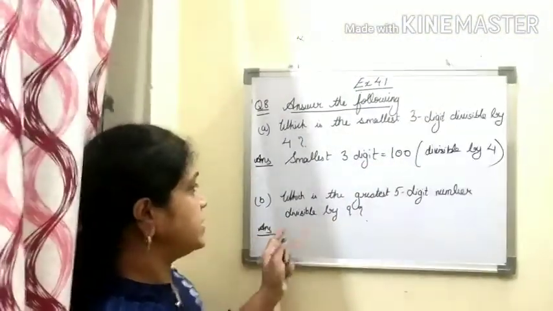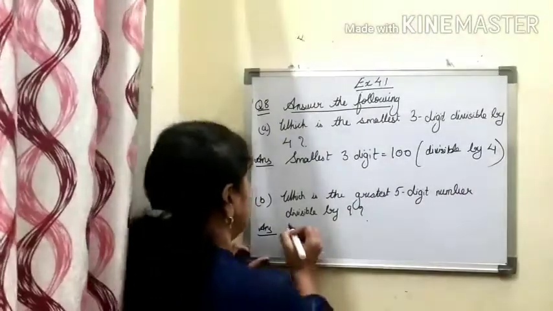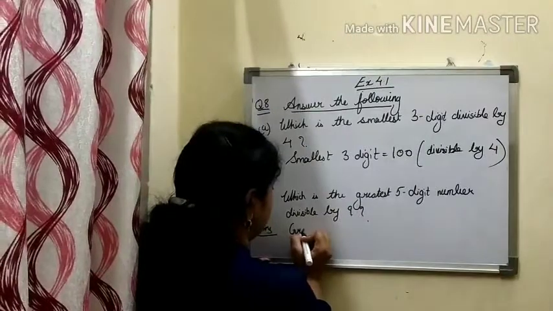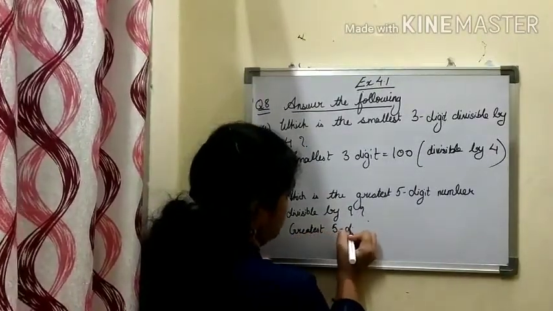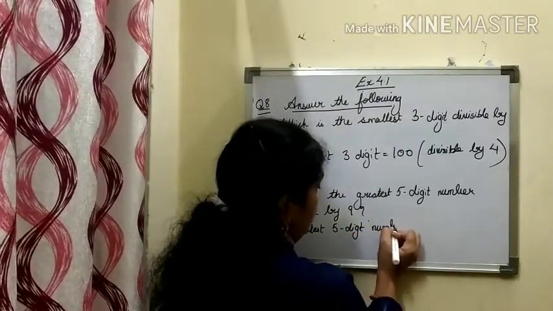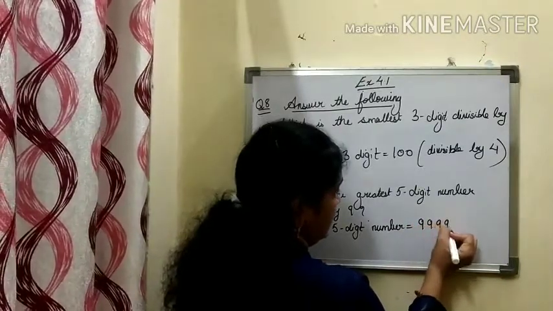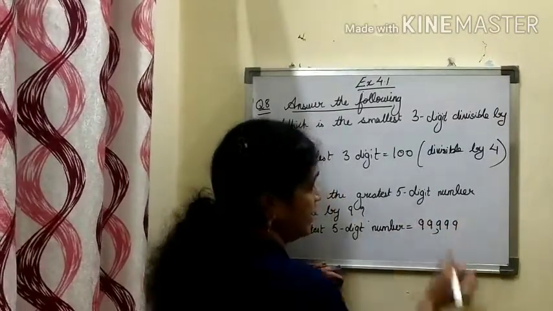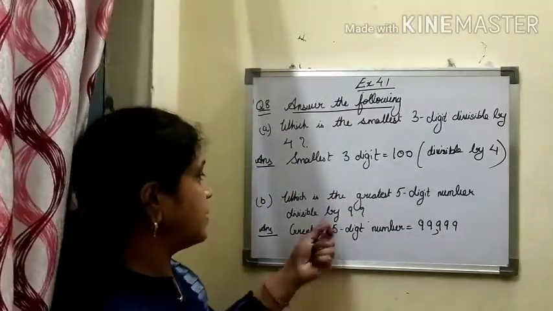Now which is the greatest 5-digit number divisible by 9? So first write down the greatest 5-digit number. What is the greatest 5-digit number? 9 9 9 9 9, 5 times 9. Now how to find whether this number is divisible by 9?